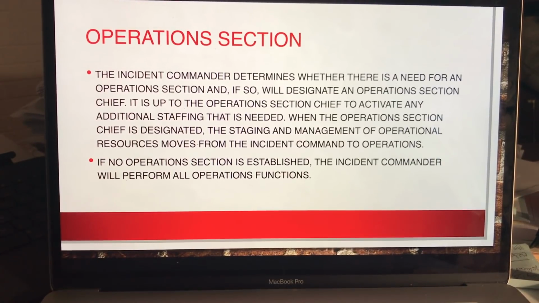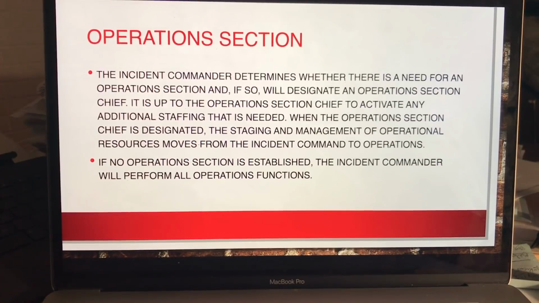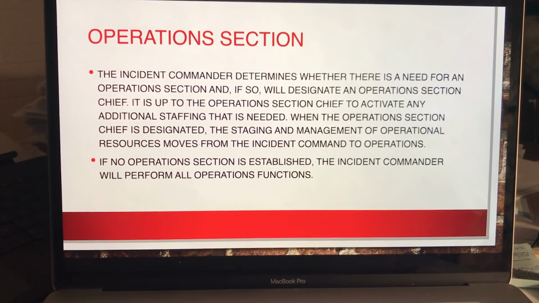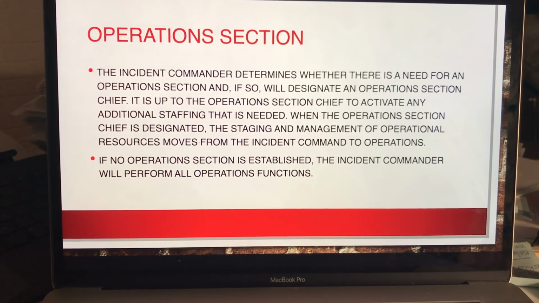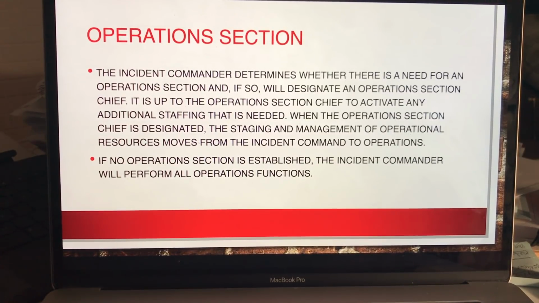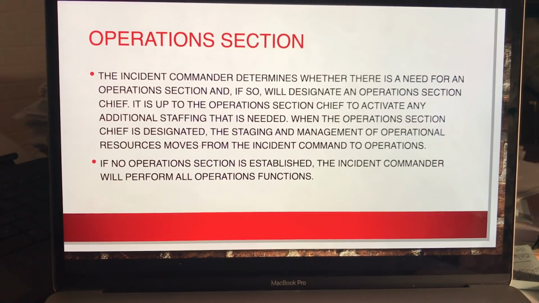When the operations section chief is designated, the staging and management of operational resources moves from the incident commander to operations. If no operations section is established, the incident commander will perform all operational functions.